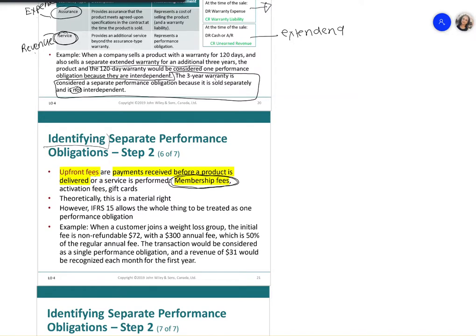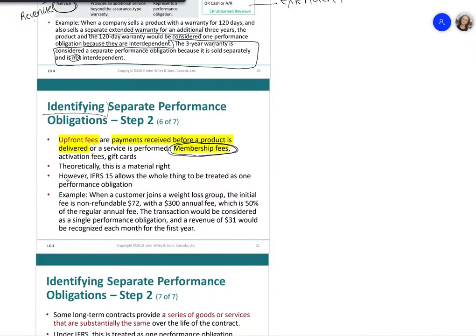They haven't used the facility yet, so that is an upfront fee. So how do we record the upfront fees when it happens? IFRS allows this whole thing to be treated as a performance obligation.